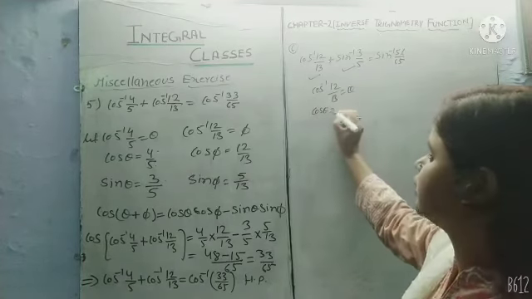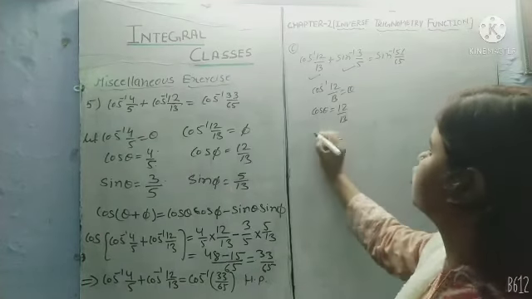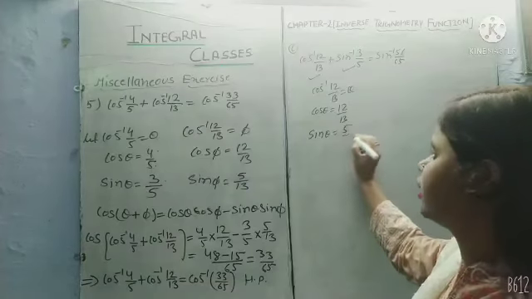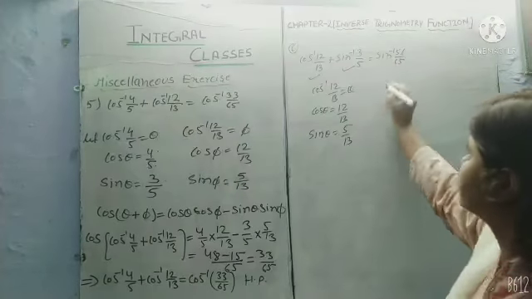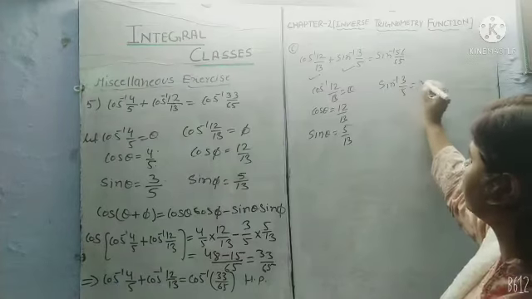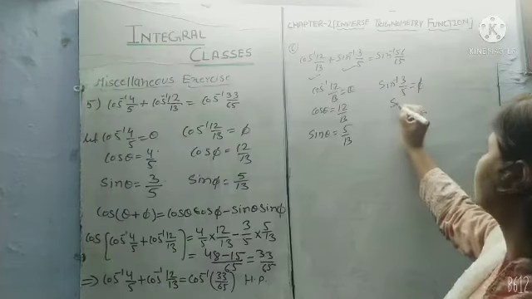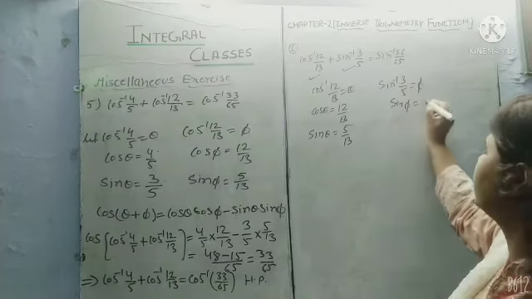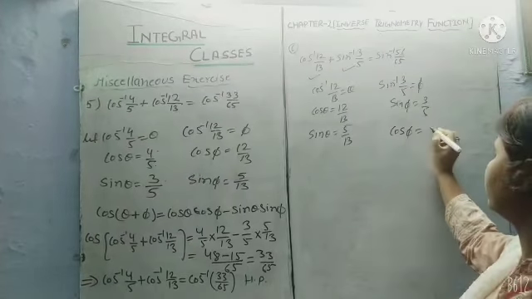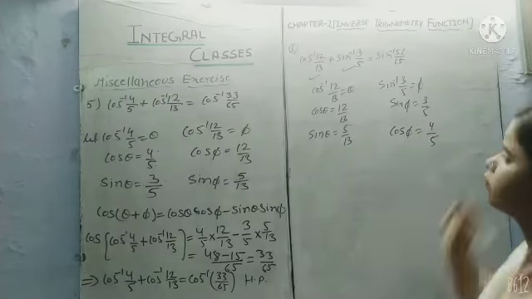Therefore cos theta equal to 12 upon 13. So sin theta equal to what we will get? Sin theta is equals to 5 upon 13. Same, sin inverse 3 by 5 equal to phi. So sin phi equal to what? 3 by 5. Then cos phi equal to, we will get here 4 by 5.